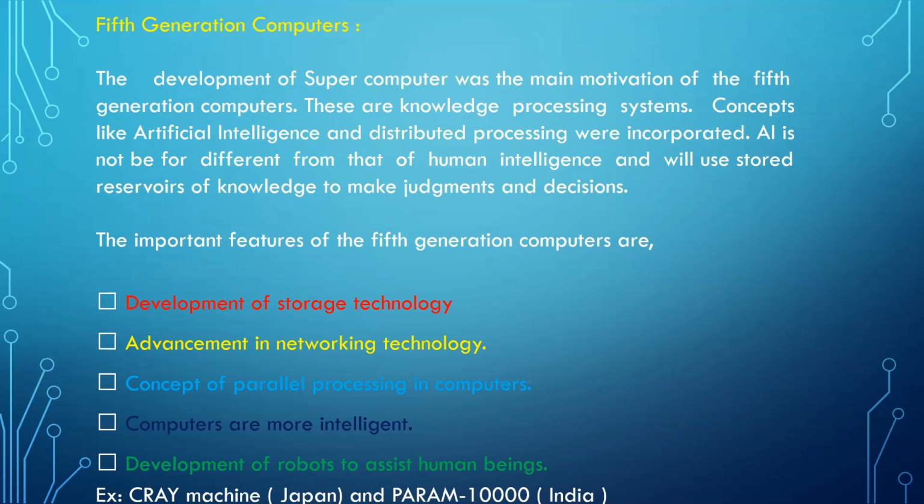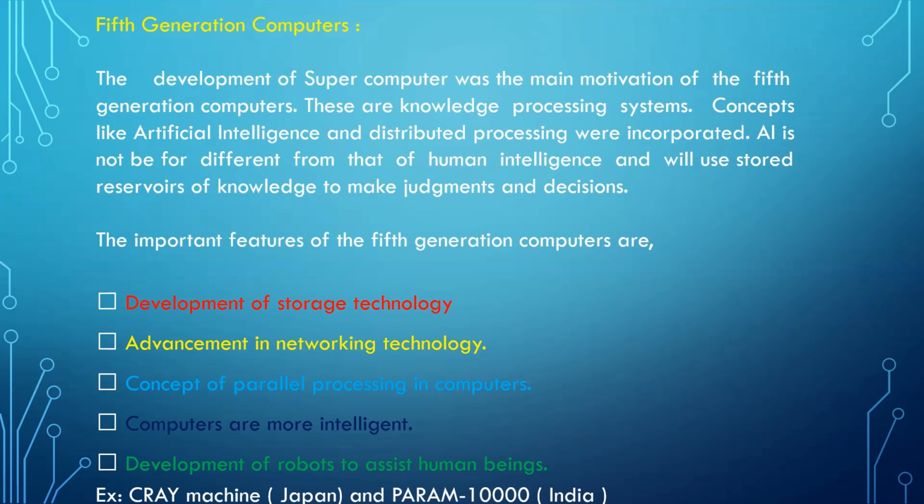They use intelligence with the help of the knowledge stored in the computers, and with the help of that intelligence, the computers can make good judgments and decisions. It means knowledge or expert systems are developed, or decision making systems are developed, right? Robots are the best example of these computers, right?